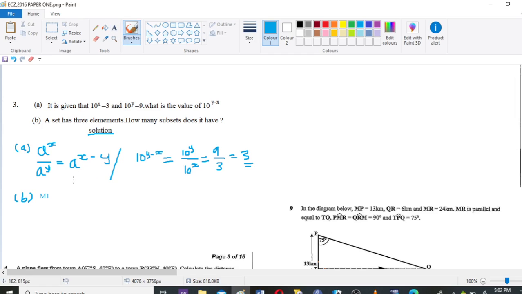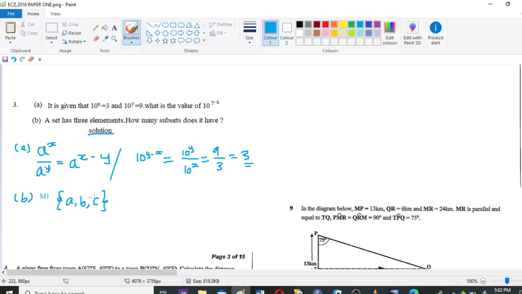We can assume the set that we have contains 3 elements, any elements you can think of. We can use A, B, C. Others would use 1, 2, 3, others will use P, K, D, others will use W, X, Y, any variables or numbers, as long as they represent elements.